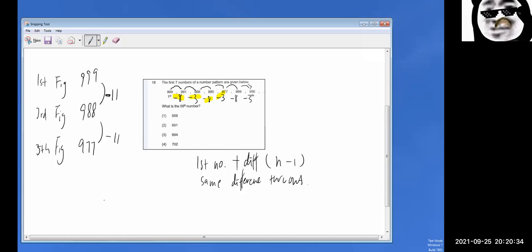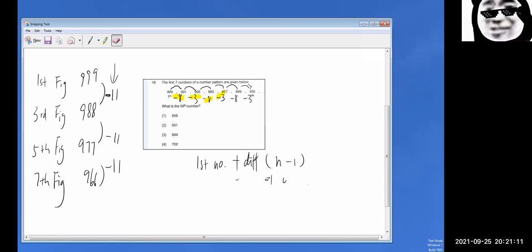And then you continue, you will see 966. Let me write it up better. Third, fifth, seventh, so all the odd number figures, right? You will see that they have the same difference throughout. So with the same difference, then you can actually make use of this formula.